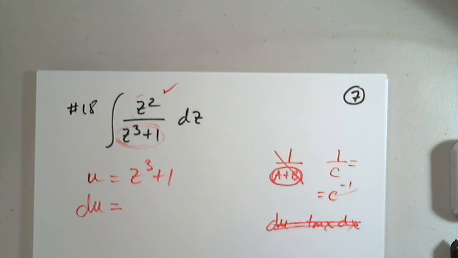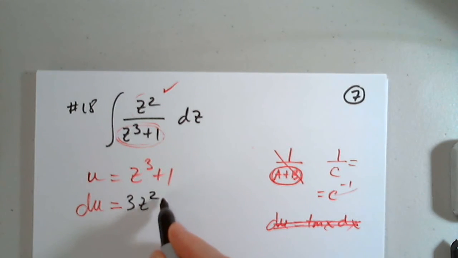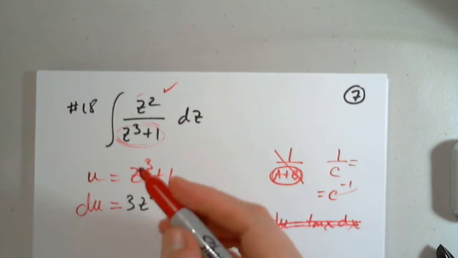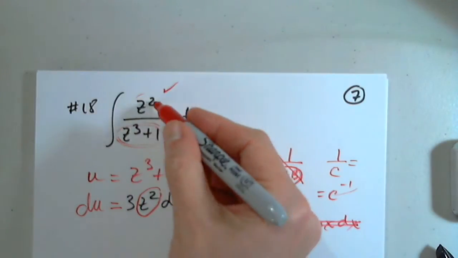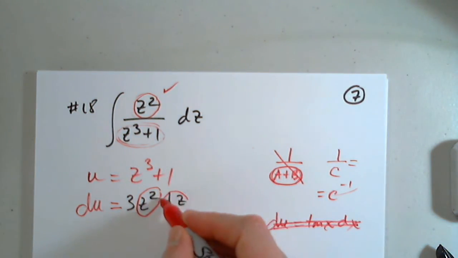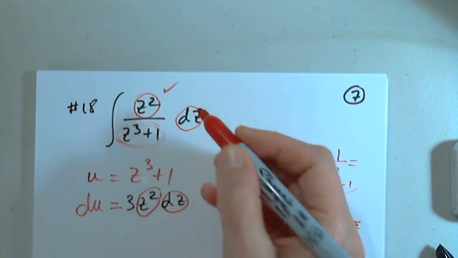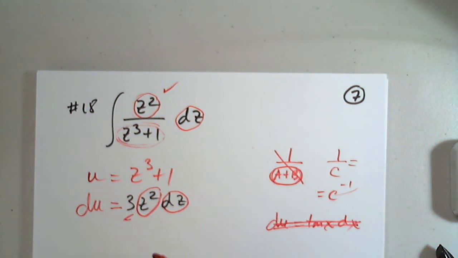So can anyone give us the du for this function? That's 3z squared times dz. Awesome. So let's see what pieces we have and what pieces we don't. What I don't have is a little 3.